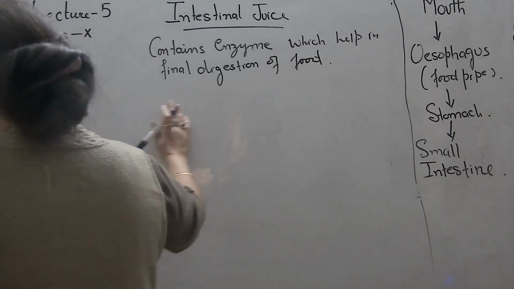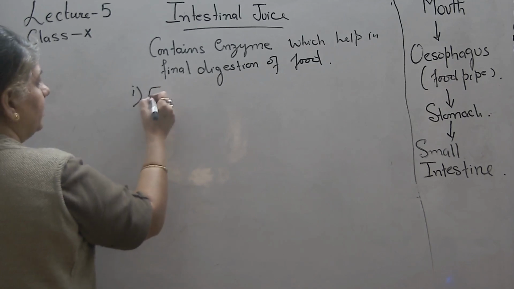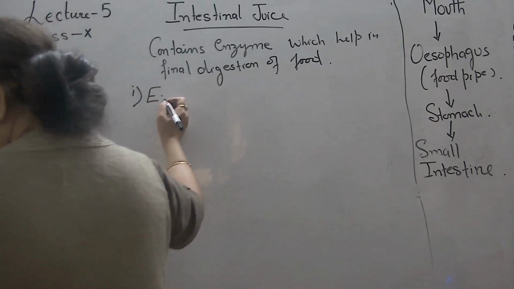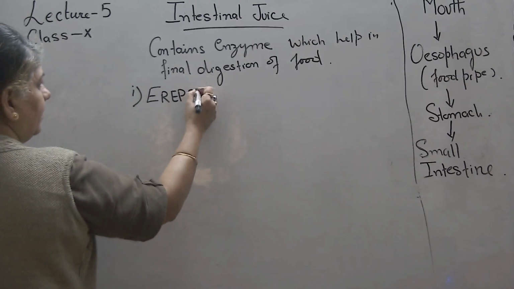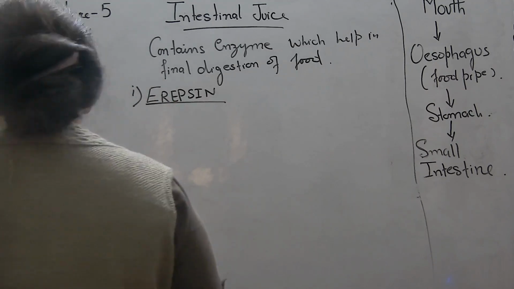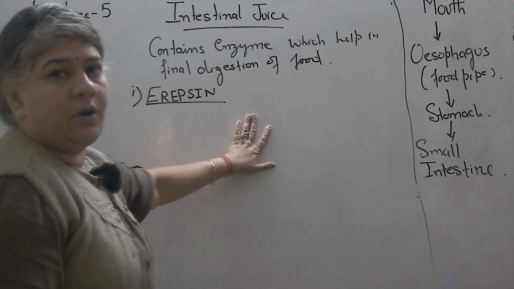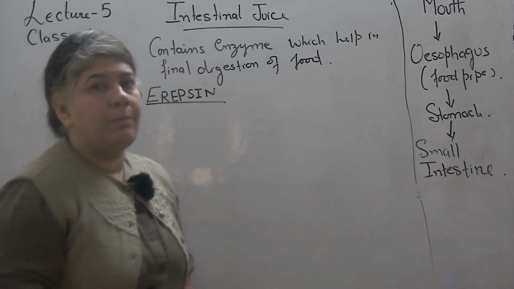Okay. So the first enzyme present in intestinal juice is erepsin. Erepsin will act on proteins or smaller proteins. Smaller proteins are like peptones, peptides.